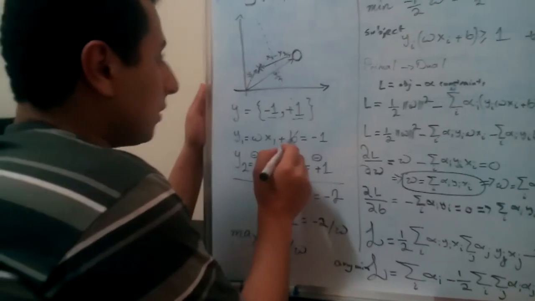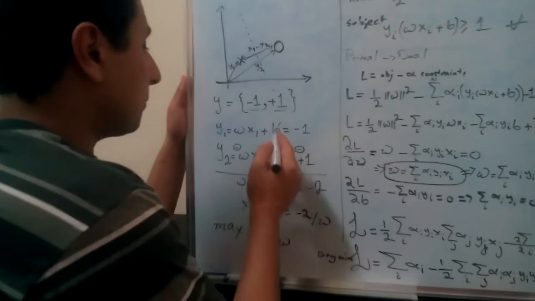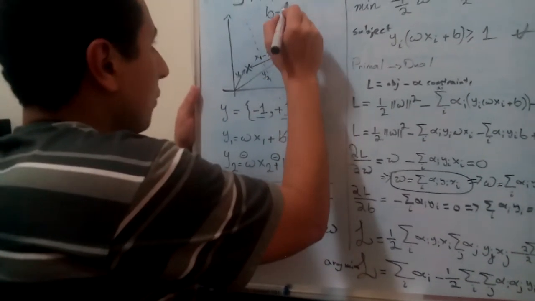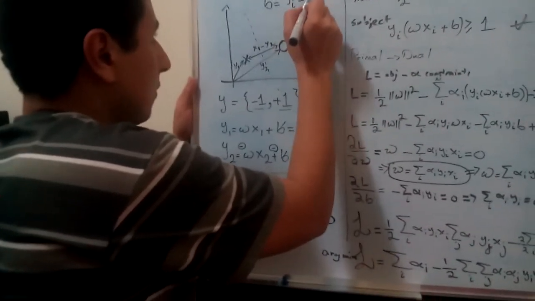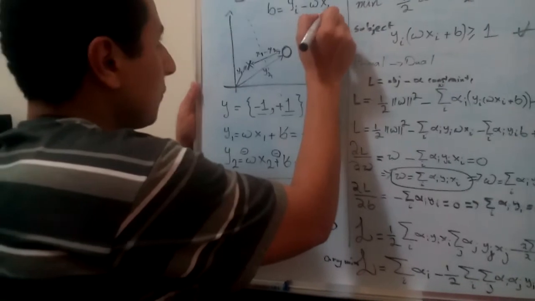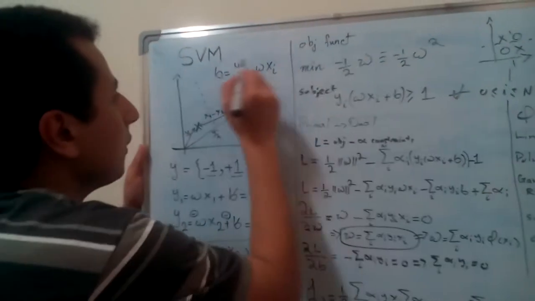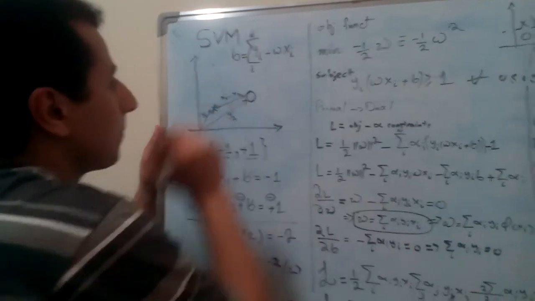So to find b, we simply solve the line equation. So b should become y of i minus omega x of i. And then for i from 0 to n, we add the summation over i to n.